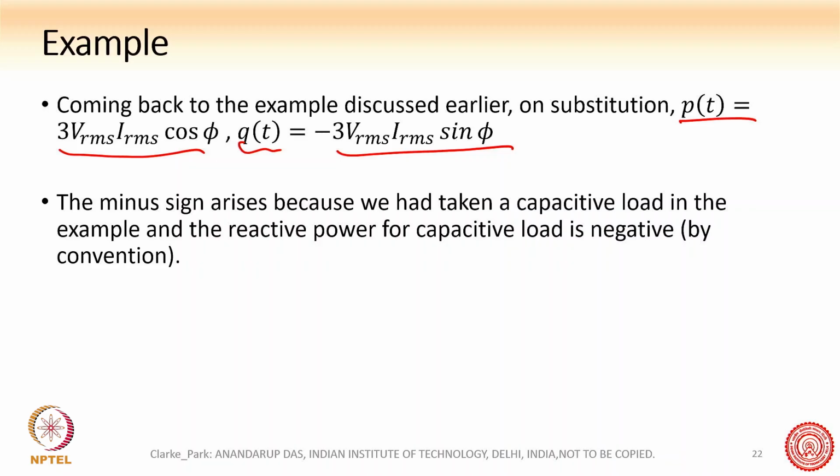The minus sign arises because we had taken a capacitive load, and for a capacitive load we know that the reactive power will come out to be negative. Reactive power absorbed is considered positive.